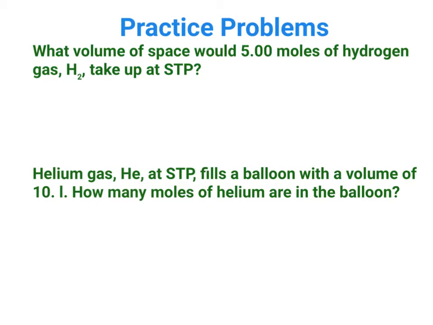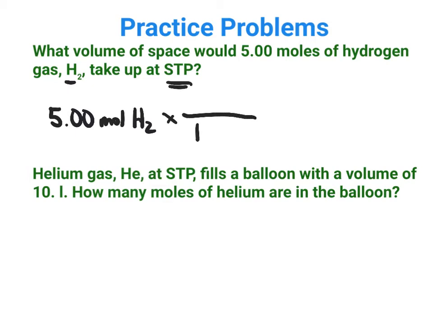And this lets us solve problems. Here are our 2 practice problems with molar volume, and they're pretty straightforward. The first one says, what volume of space would 5 moles of hydrogen gas take up at STP? Remember, hydrogen gas is a diatomic gas, so it's actually H2. We know that we have 5.00 moles of hydrogen, and at STP, this is key, 1 mole of any gas takes up 22.4 liters.